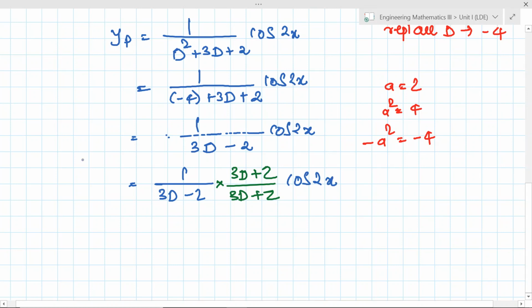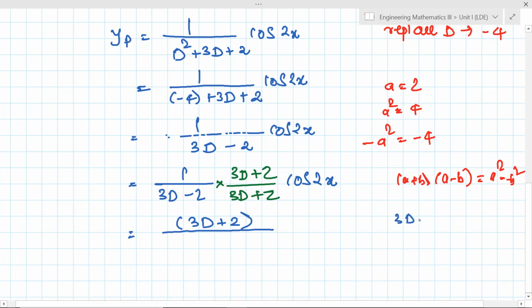So what is this? A plus b, a minus b. A plus b into a minus b is equal to a square minus b square. This is a simple formula from algebra. Now in the numerator there is 3D plus 2, divided by, this is nothing but a square: 3D minus 2 and 3D plus 2.